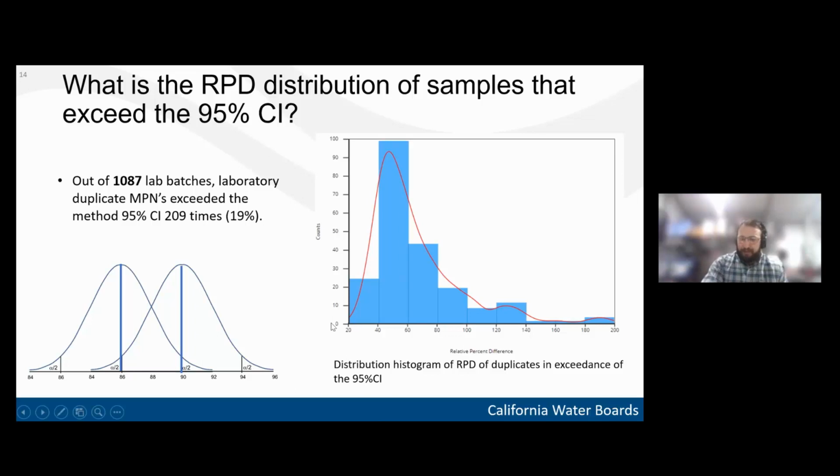And this is the distribution I mentioned previously. Now this exceedance can occur as low as 20% RPD, and can also occur all the way up to 100, 120%. It depends. So we can't set a fixed number on what is considered precise enough, and that's why an RPD value isn't appropriate. So we needed a dynamic number.